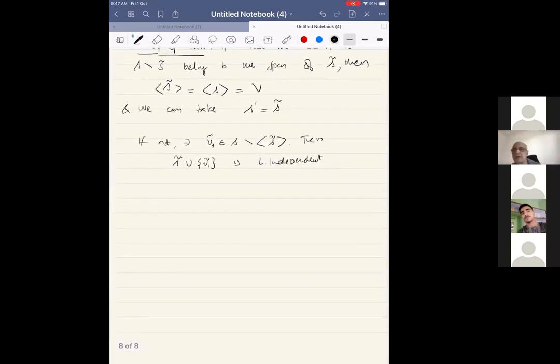Let me call this S tilde 1. So we have now S tilde contained in S tilde 1 contained in S, and S tilde is linearly independent by assumption, and S tilde 1 is linearly independent by construction.